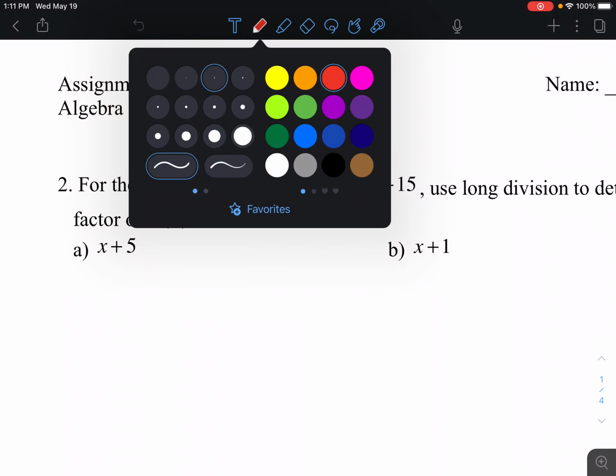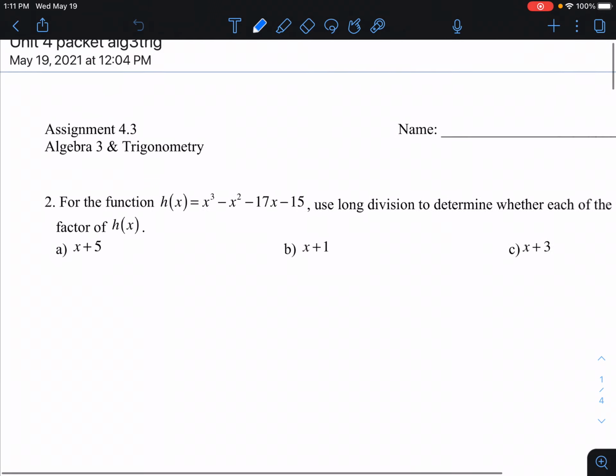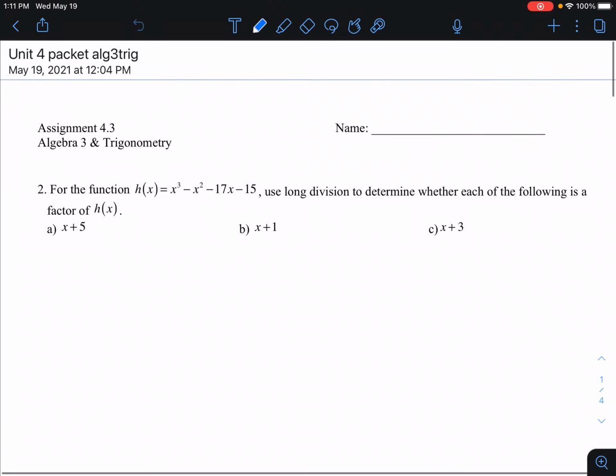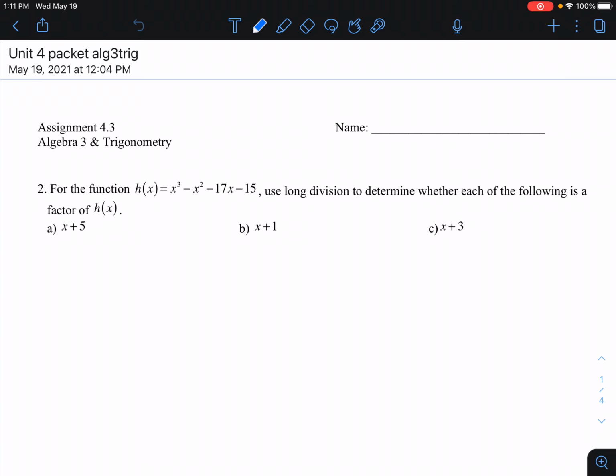So in the following problem, the directions seem really tricky, but I'll break it down for you. It says, for the function h, use long division to determine whether each of the following is a factor of h of x.